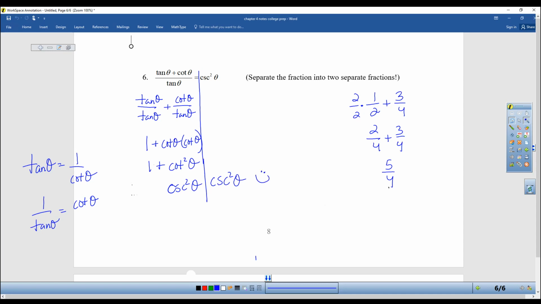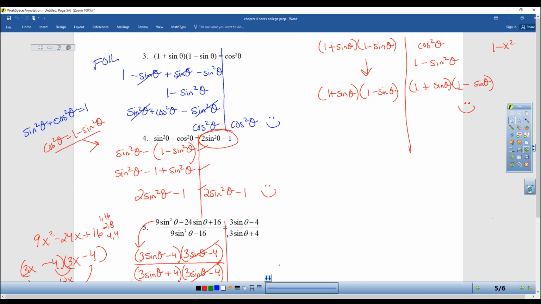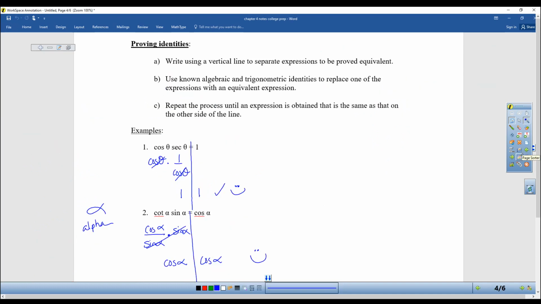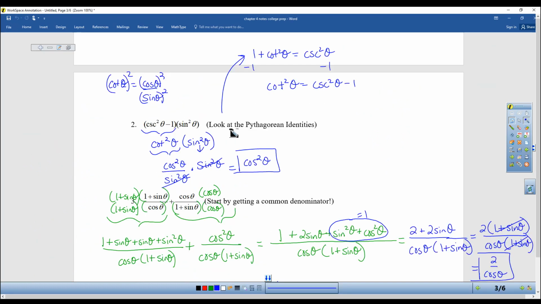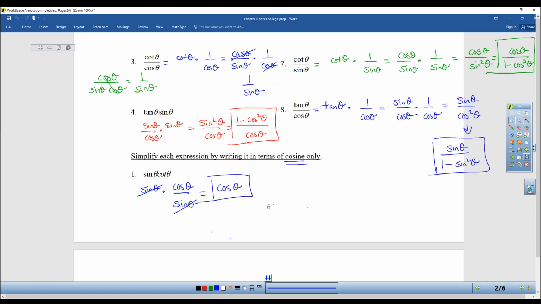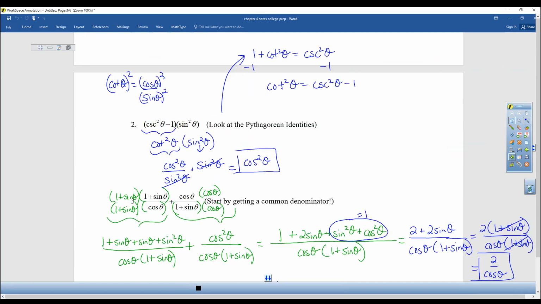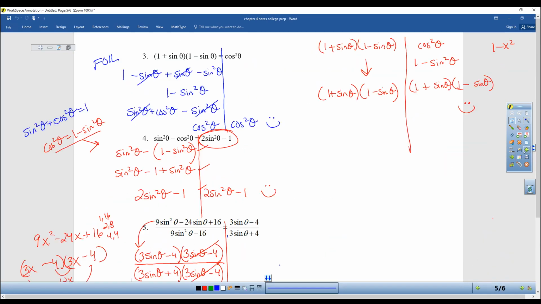I'm good to go. So remember, this is one idea that you can use when you're trying to do your homework, separating the fraction into two separate fractions. Let's see, another idea was looking at the Pythagorean identities, getting a common denominator. Okay, those are some things that you want to keep in mind as you're trying to do these problems.